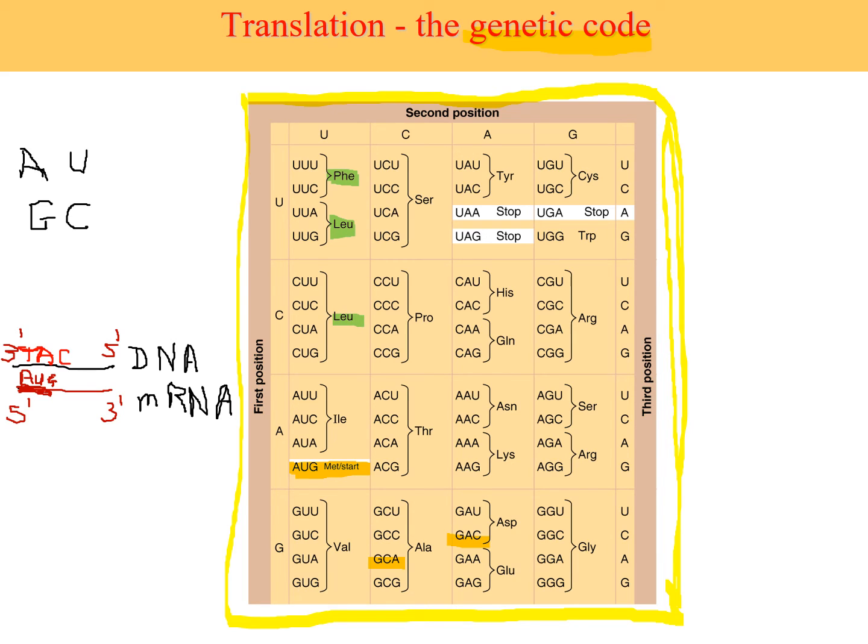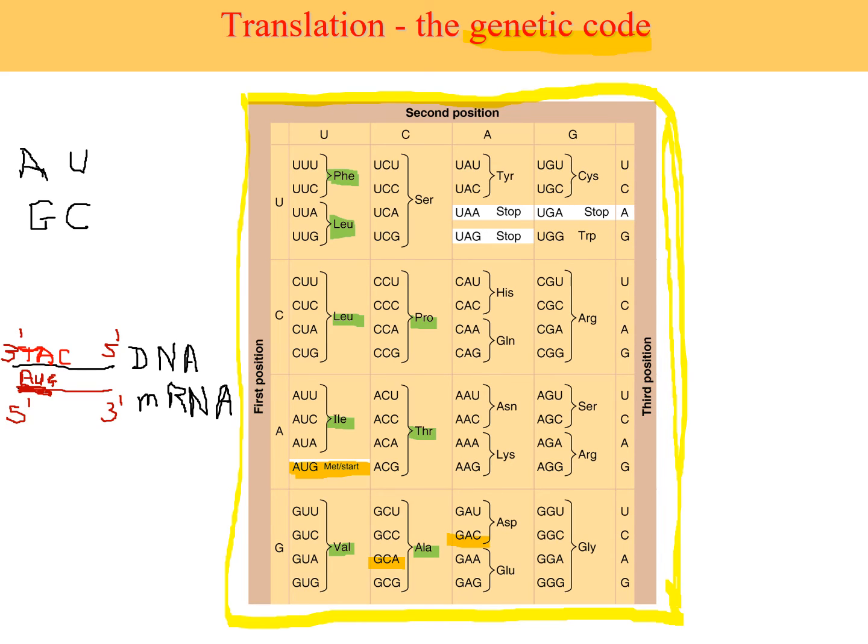These code for leucine. These code for isoleucine. There's methionine, valine, alanine. You don't need to memorize this at all. There's absolutely no point, but you can look it up on a table like this.